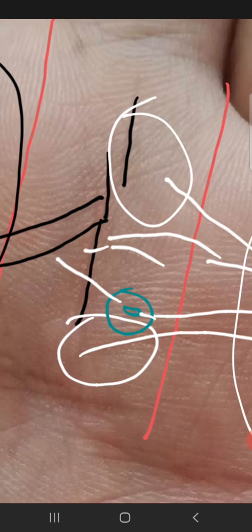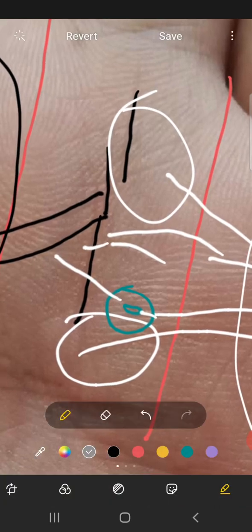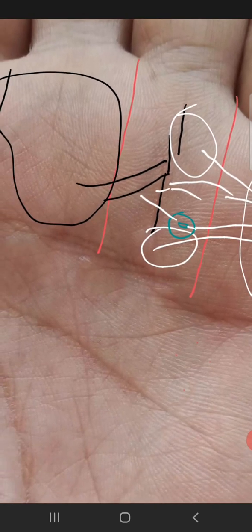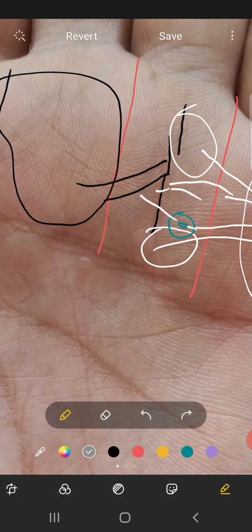So you can see that there are too many horizontal lines that are crisscross. They're crossing the sunline, the Thai or the permanent sunline, not the sunline that is on this part or here. That is not important here at this point of time.